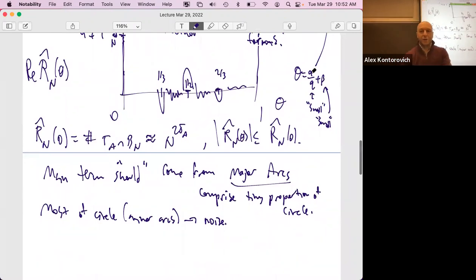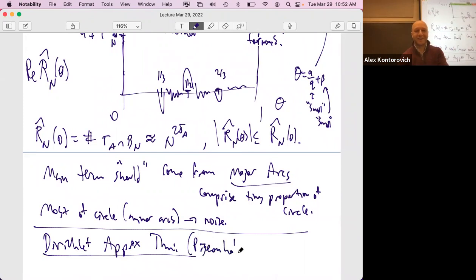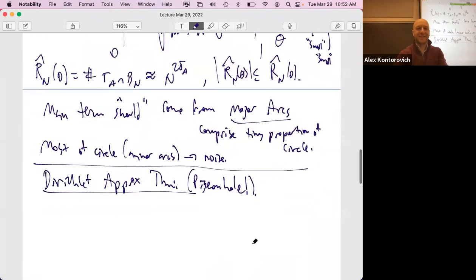Okay, in order to talk about these parameters, I'm sure all of you know this, we need Dirichlet's approximation theorem, just to get started. It's the pigeonhole, exactly. This is where the pigeonhole principle was born, as we'll see in a second.